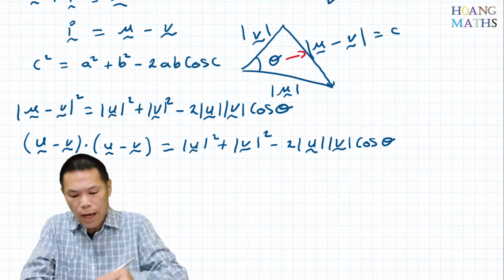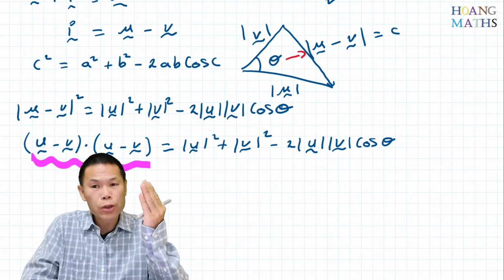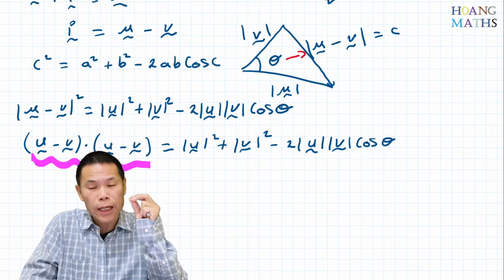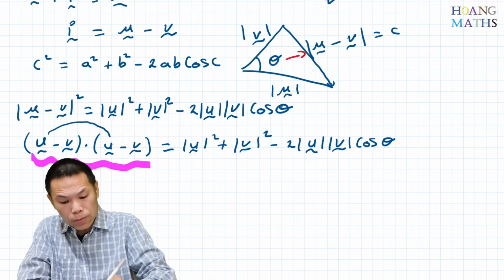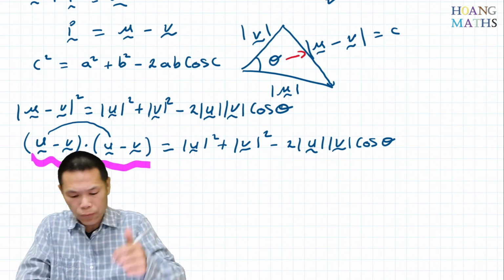To find out the dot product for this, what we need to do is exactly the same as expanding binomial products. So this is just like U dot U, okay?